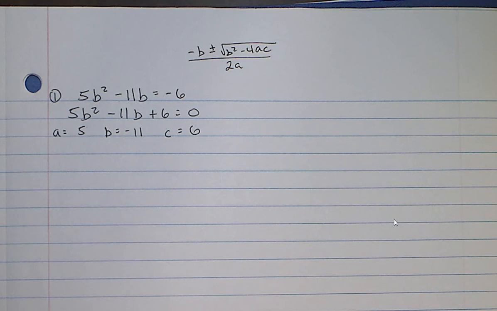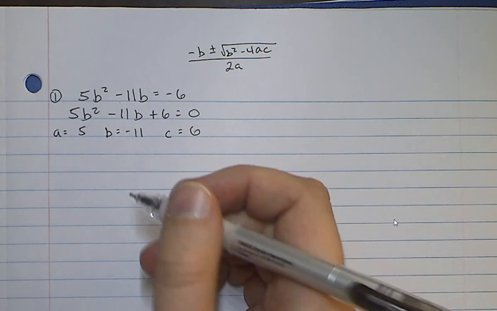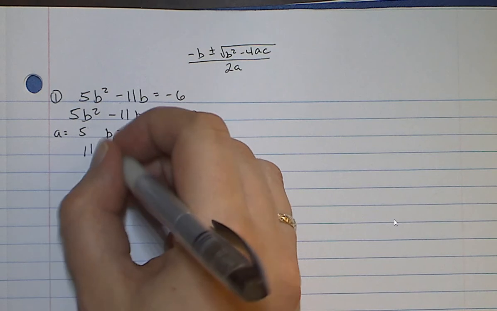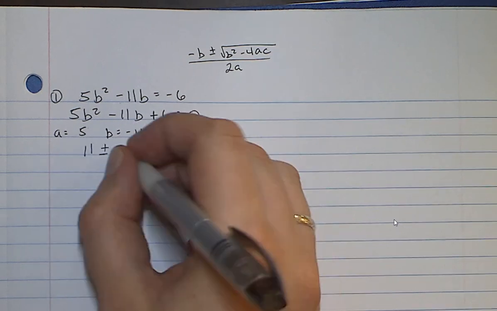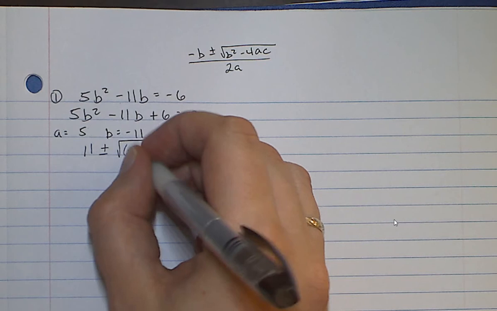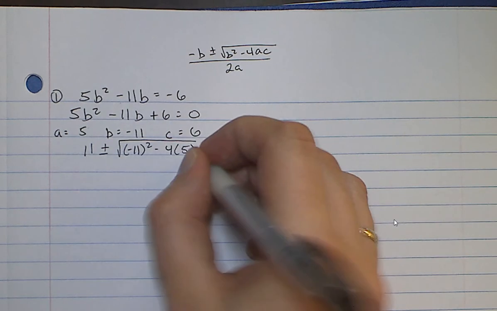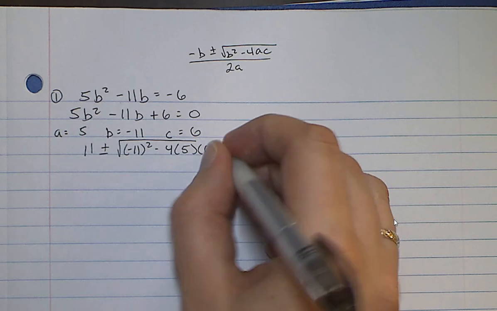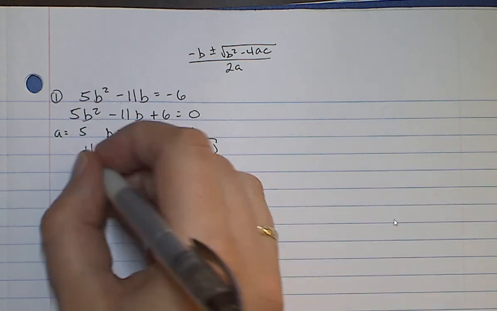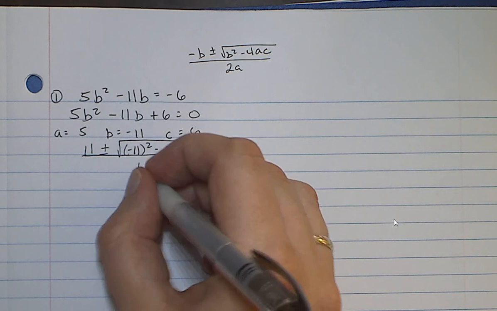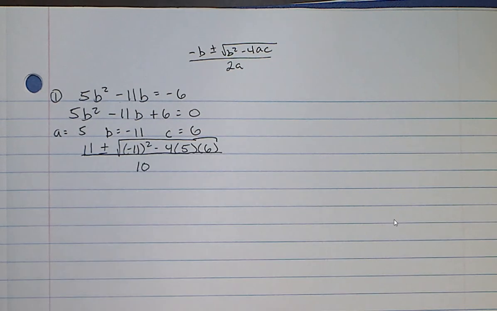So it becomes 11 plus or minus the square root of negative 11 squared minus 4 times 5 times negative 6... times positive 6, all over 10.